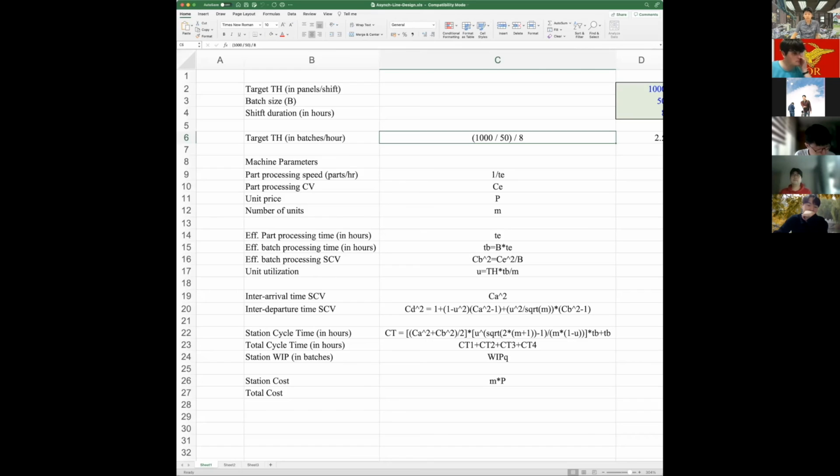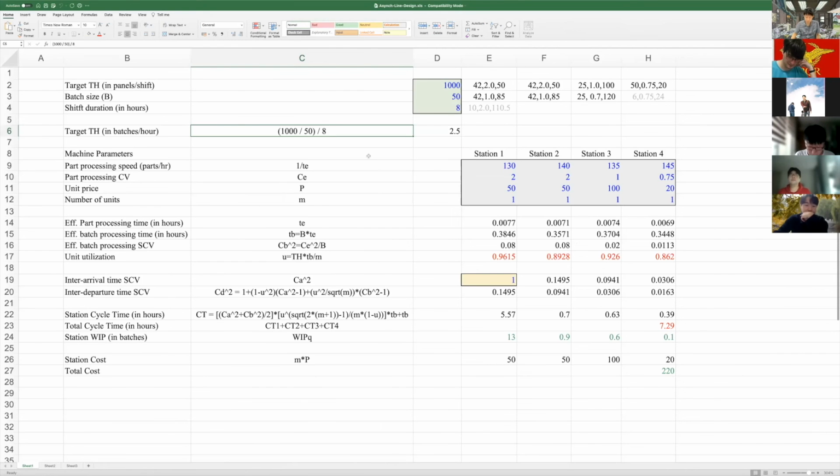Here, I'll share the Excel. Okay. Can you see the screen? Rina, can you see the Excel? Okay.